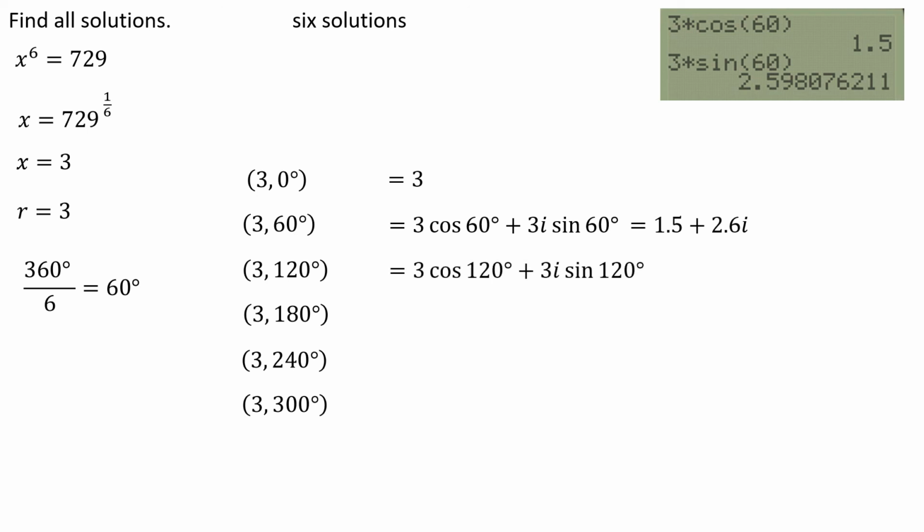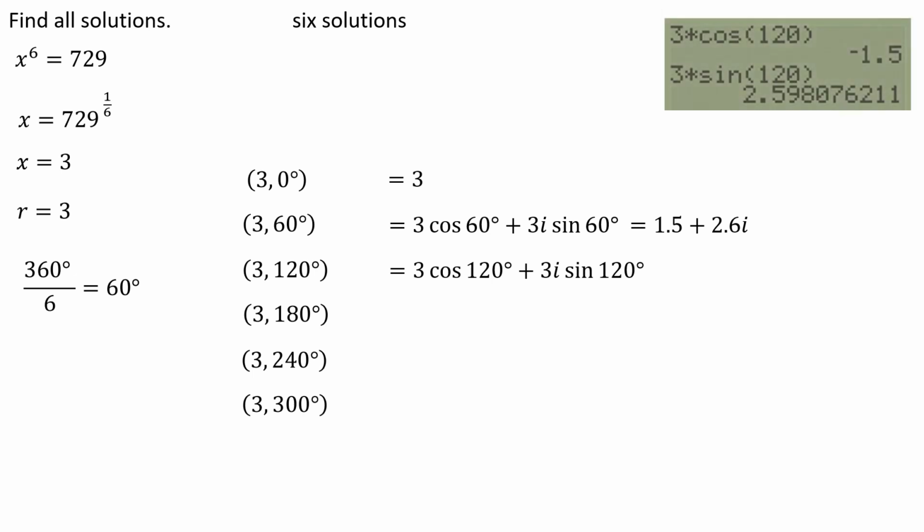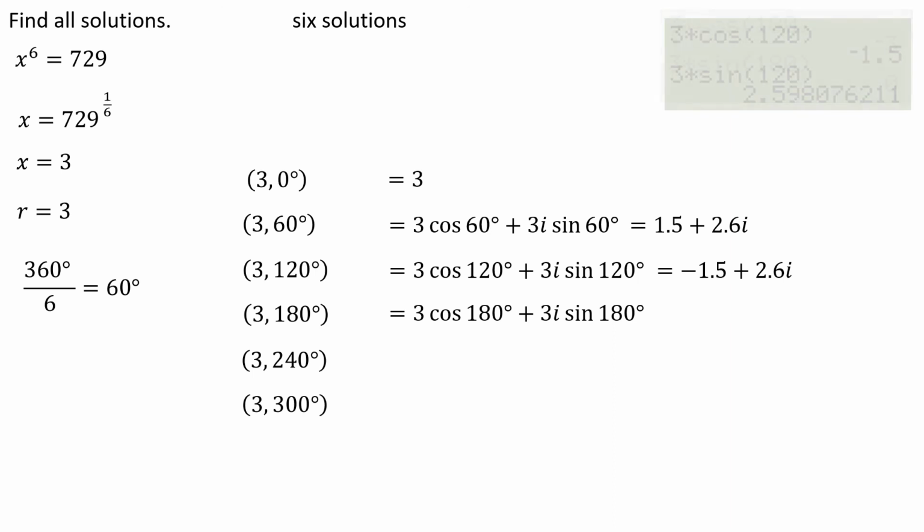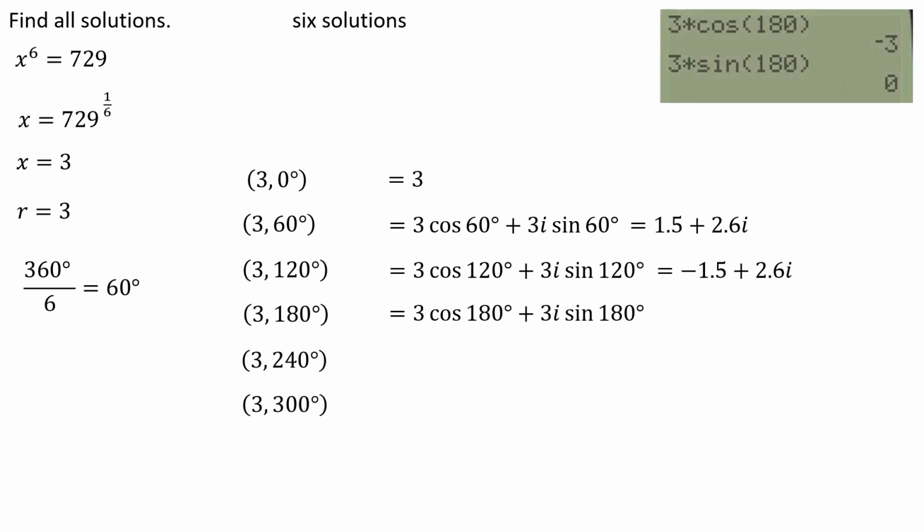Okay, then when I move on to the next one, again, it looks like we're kind of reusing some answers here, right? Because there's a lot of symmetry as we go around the circle. Oh, hey, that's just going to be negative 3. Probably should have figured that out without touching a calculator, right?